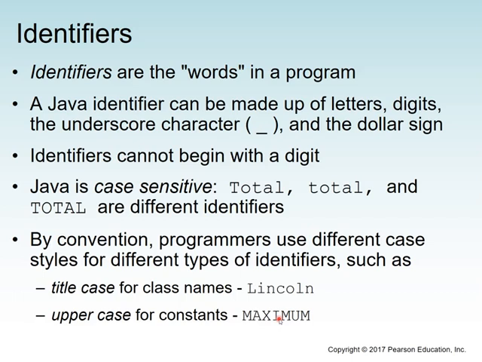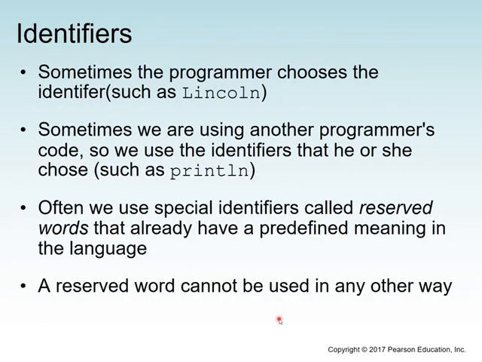So if we follow these rules, then we'll be able to read anybody's program and understand what type of identifier we have in their program. Now, sometimes we choose the identifier, such as in the Lincoln program. Sometimes we use another programmer's code, so we use different identifiers that they chose, such as the println statement that we had in our program previously.